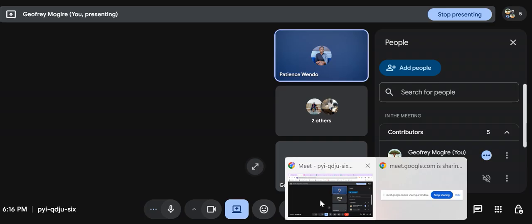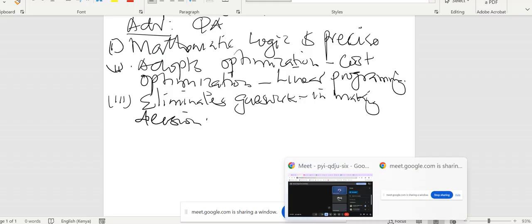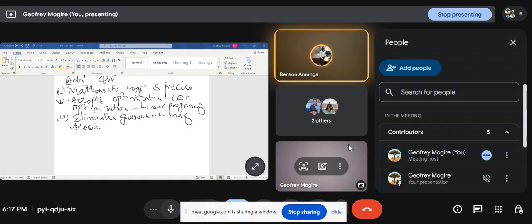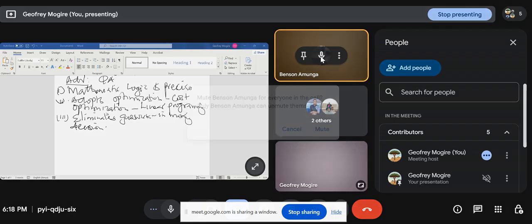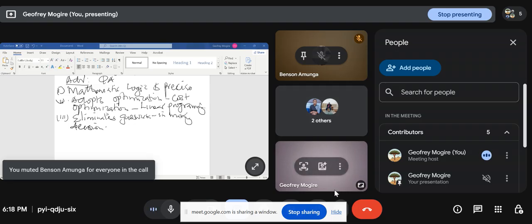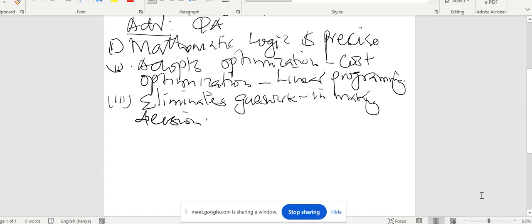Because every decision we are going to make is based on a framework or techniques, like linear programming for cost optimization.